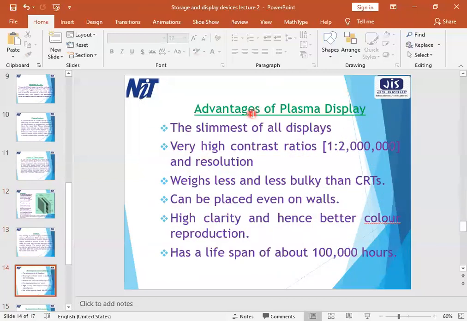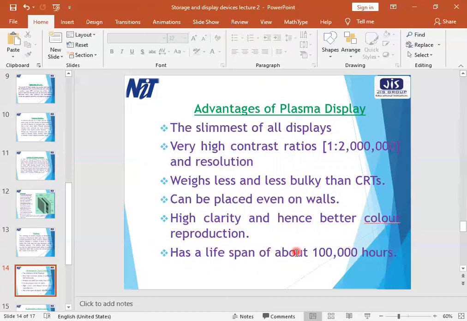This is the working. Now, advantages of plasma display. The slimmest of all displays till now available. This is the most slimmest display you can say. Very high contrast ratio, 1 is to 20 lakhs, and resolution. Weighs less and less bulky than CRTs. Can be placed even on walls, I told you earlier. High clarity and hence better color reproduction.